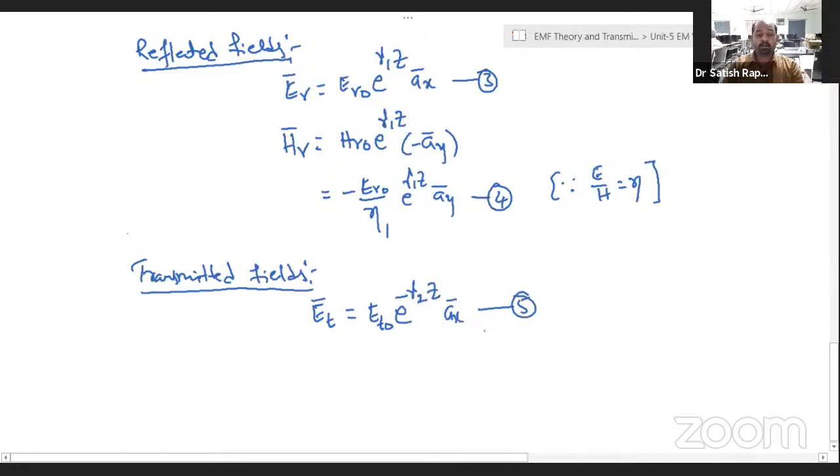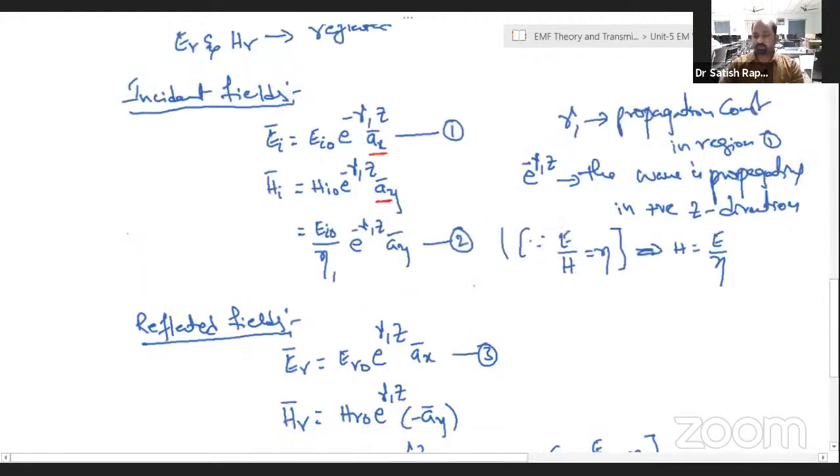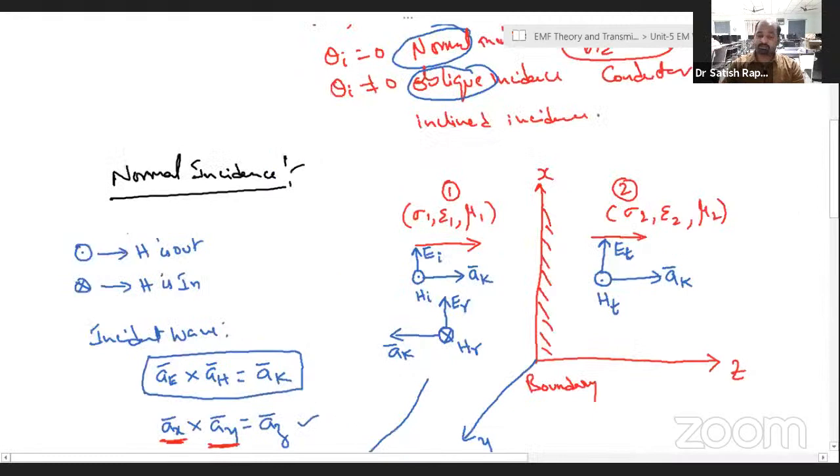What is the direction of the transmitted wave? It is still in the positive z direction, and the transmitted wave is in region 2. Therefore gamma 2, from the figure.